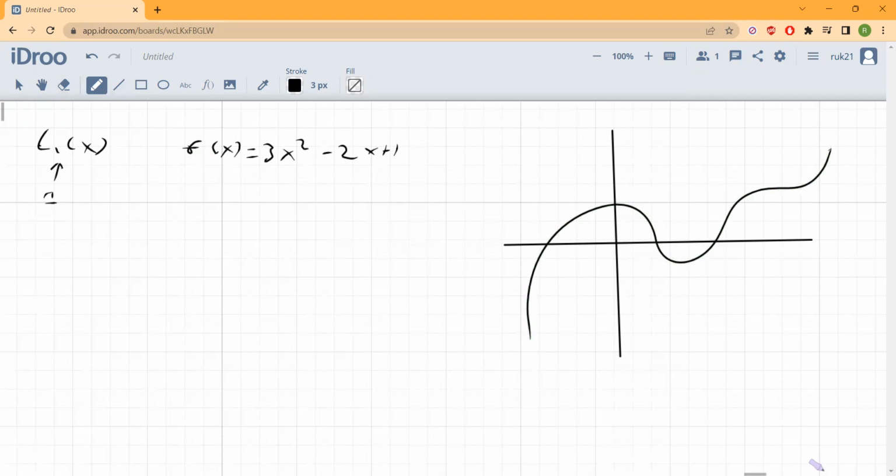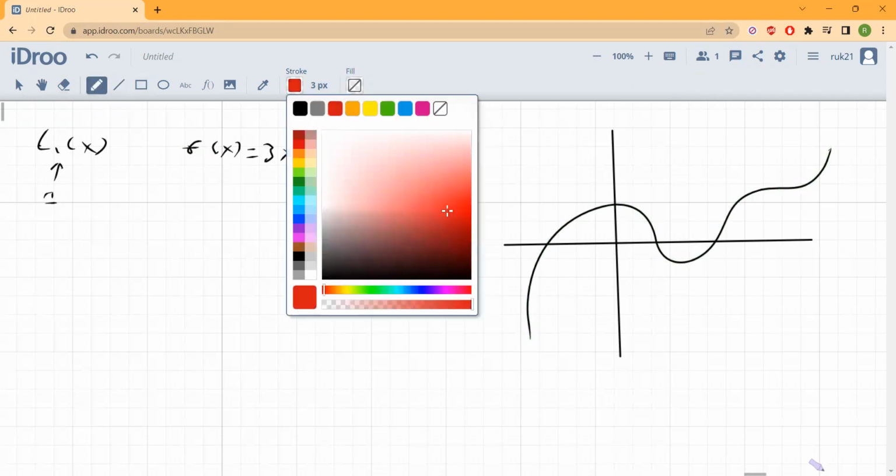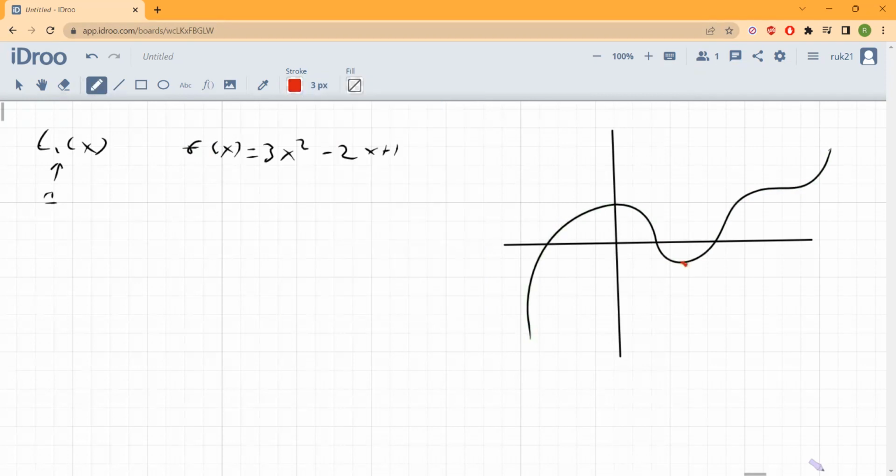And now what linearization does is, at this point on this function, let's call this point A, I'm going to draw a line through it which has the same slope as at A. That's not quite the same slope, so let's just quickly adjust that. As we all know, I'm not the best at the actual drawing. Okay, so there you go. We have the line with the same slope at A.